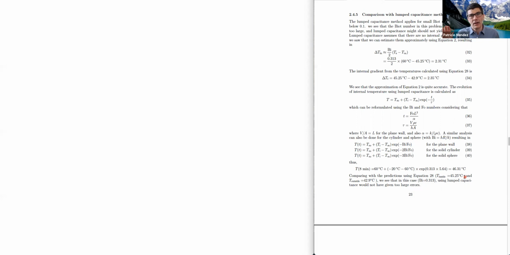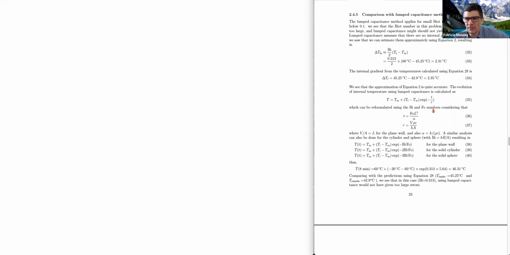So we did it the right way first. Then we cut a few more corners by doing lumped capacitance, and we could compare those two. The whole problem here was the mechanics to use these formulas for transient conduction.